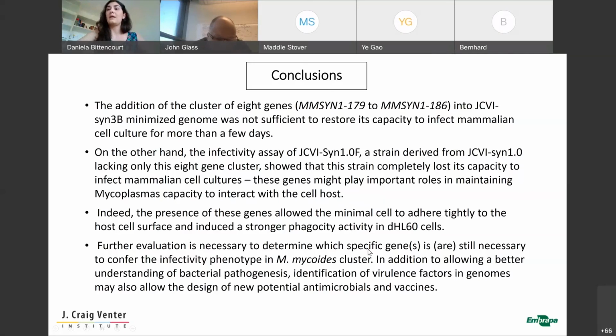So these genes might play very important roles in the infectivity of mycoplasmas in mammalian cells, even though they are not solely responsible for it. So we are going to keep going and check for other genes and try to identify exactly how this mechanism happens in mycoplasmas, which seems to be a very complex system for the infection of mammalian cells.